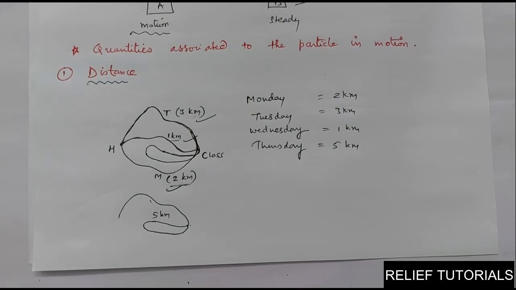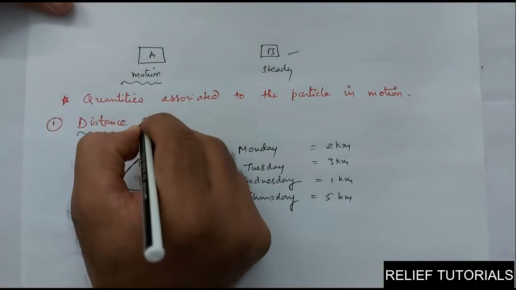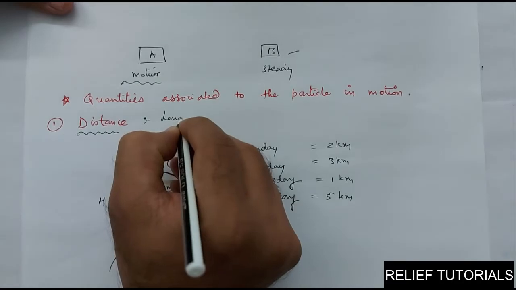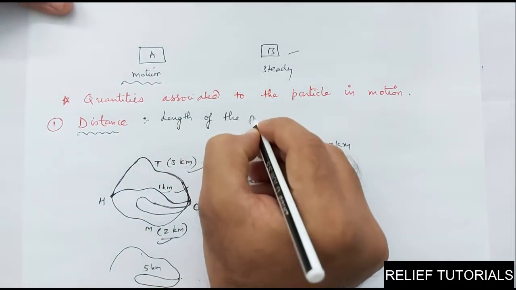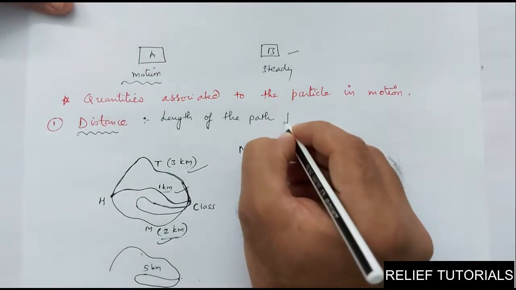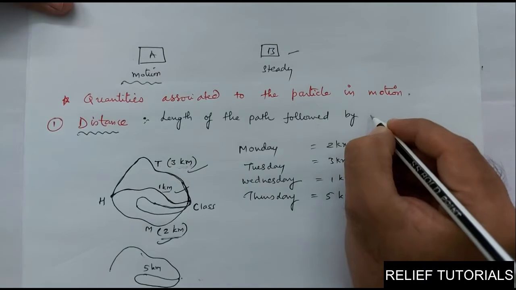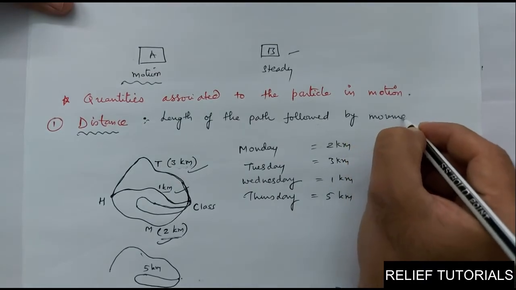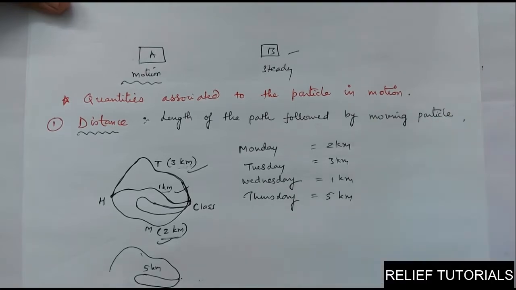So what do you mean by distance? Distance is nothing but the length. Distance means length of the path followed by a moving particle.